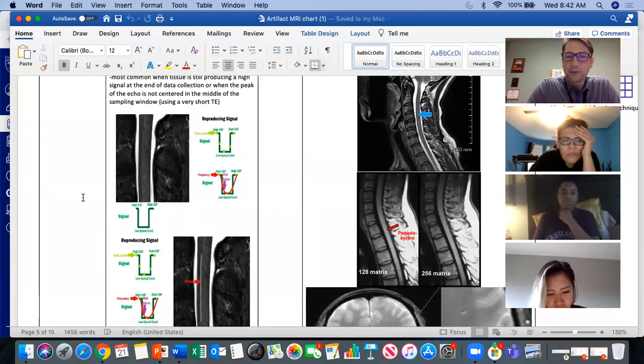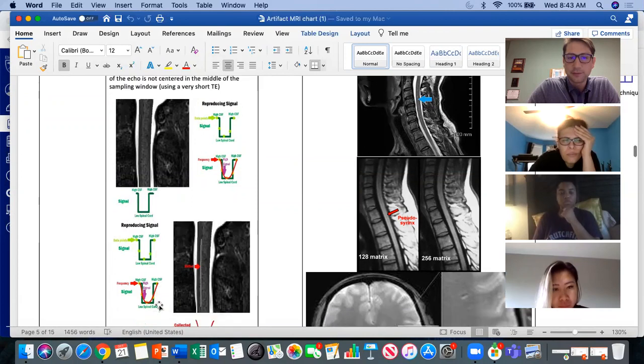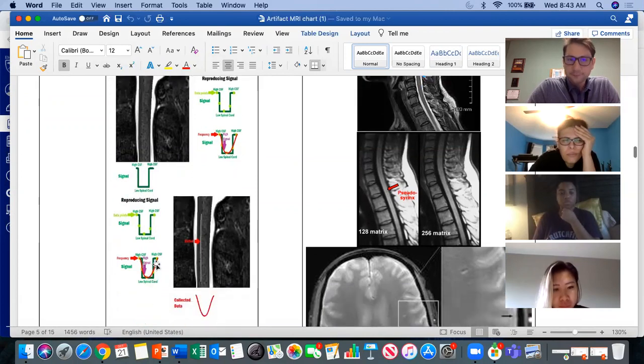And these bandwidths that we're collecting with our receiver coil typically have a more rounded look to them. And we're trying to put these bandwidths that have a rounded frequency into square pixels.